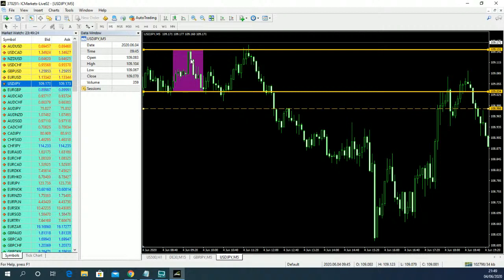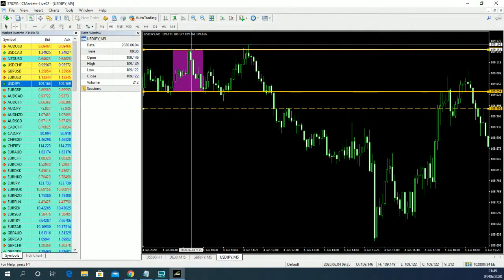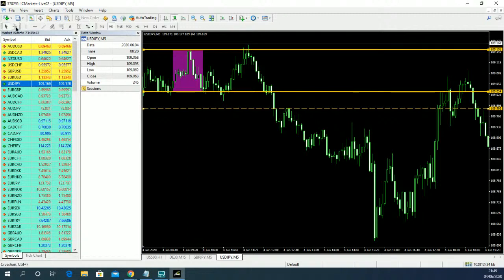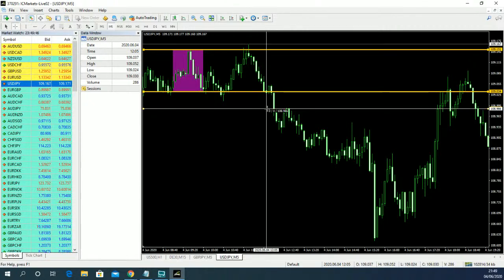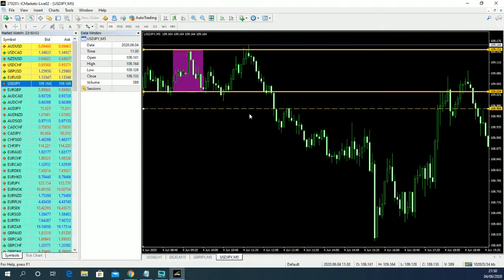Okay, so this is what happened here. This is where we enter our short position from, and we're looking for TP1 first, which is 12 pips. Here we got about 12 pips, and in total we got 36.9.